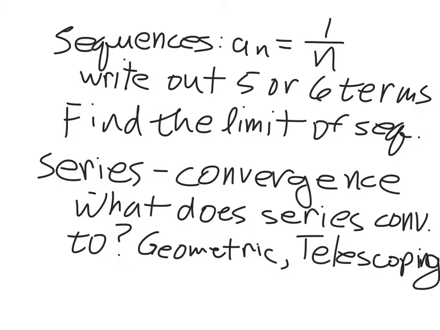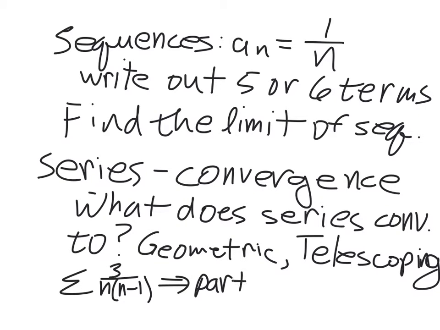And both of these, you may have to adjust the form that you're originally given, especially the telescoping. Well, to adjust the form to get it into the telescoping, you would have to do what? Okay, partial fractions.